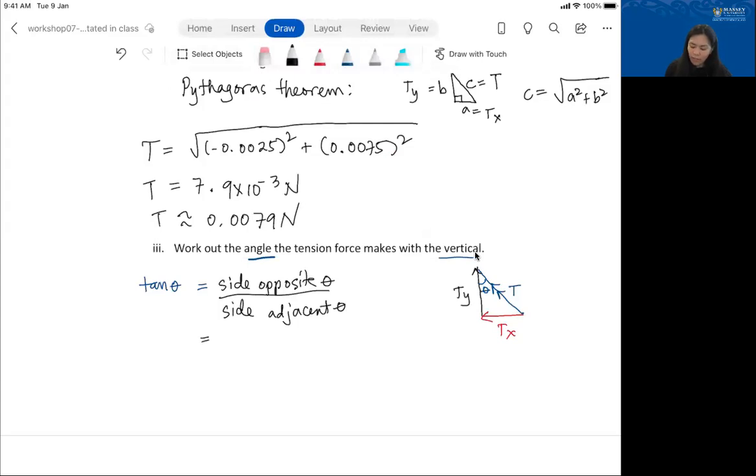Okay, the side opposite the angle is the x component, and the side adjacent to the angle is the y component, tangent theta. Right. And then you now do just theta to get rid of the tangent. You do the inverse of the tangent.